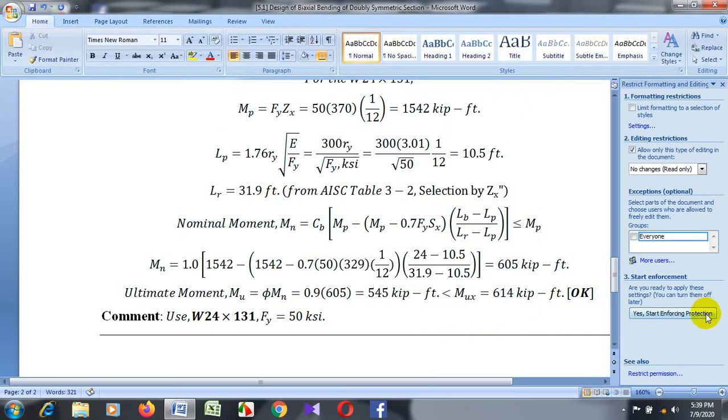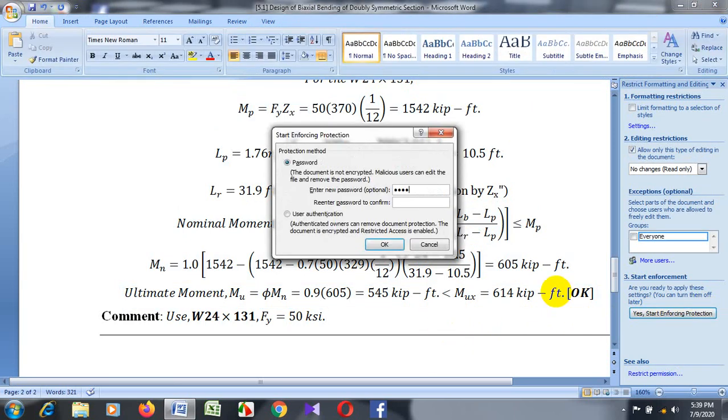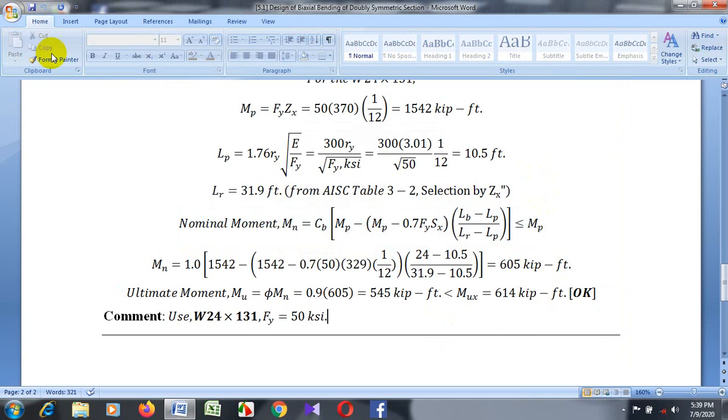So okay, this value is less than MUX. This value is the capacity of the section. So demand must be less than capacity. So the section is okay. Now use this section with Fy equal to 50 KSI.